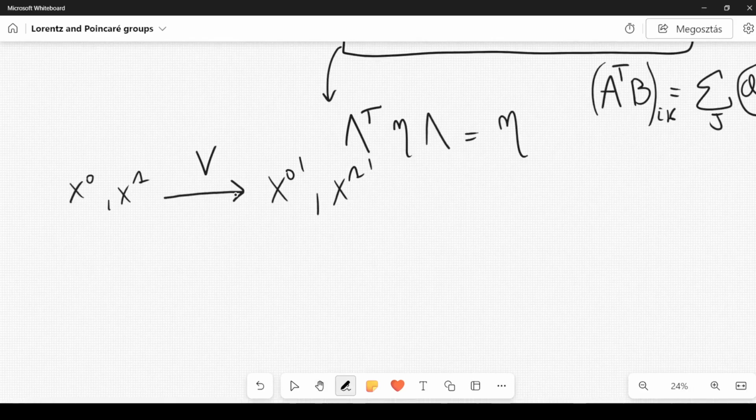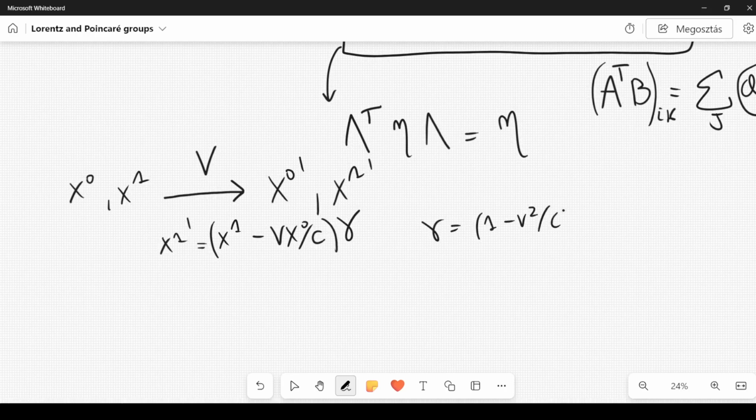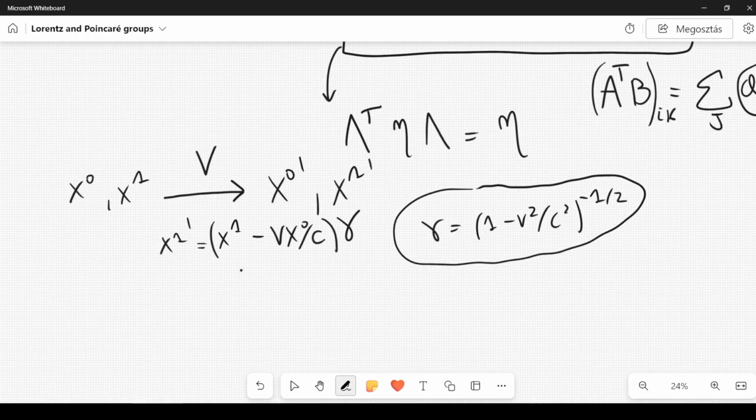And the transformation is of the following kind. So we have x1 prime equal to x1 minus vx0 divided by c, the speed of light, multiplied by gamma, where gamma is equal to 1 minus v squared over c squared to the power minus 1/2, which is just the Lorentz factor. This is called the Lorentz factor.